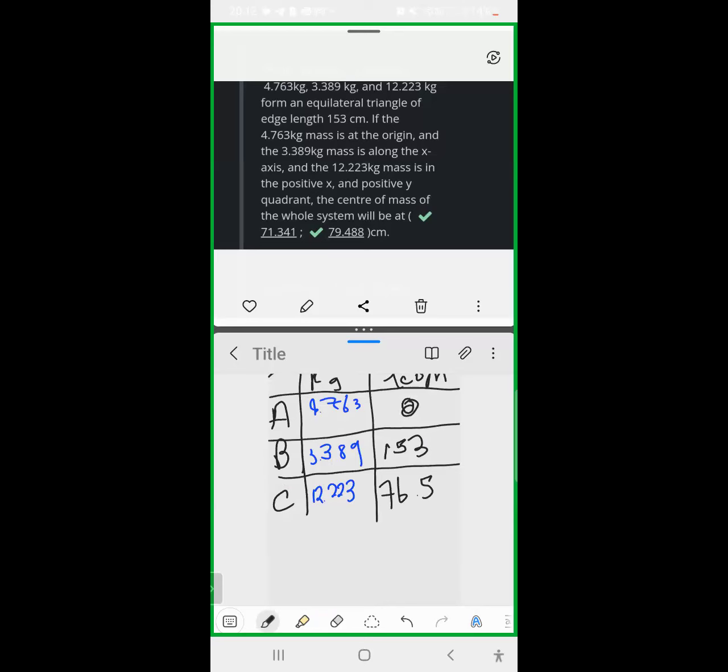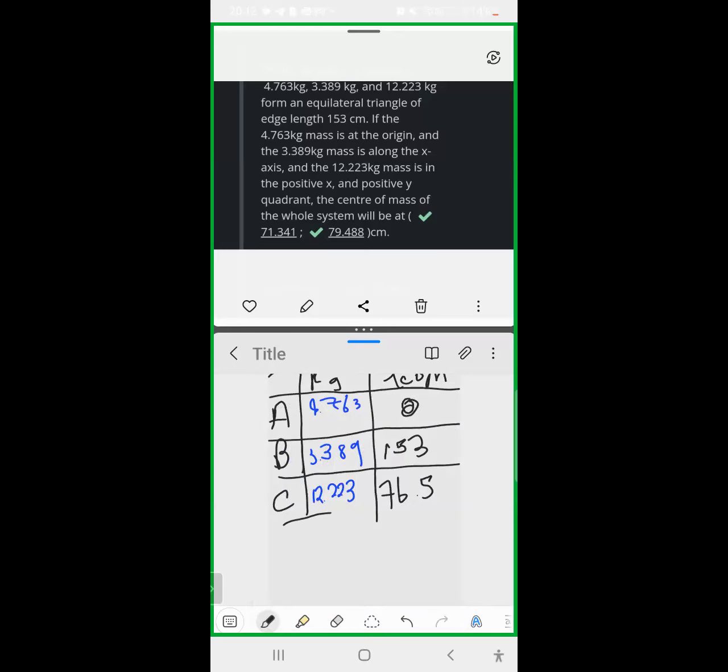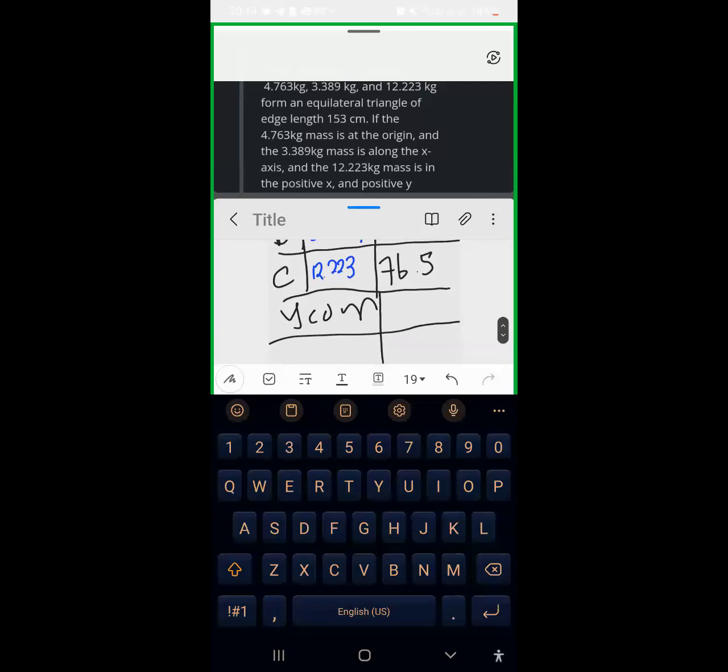Now we move on and determine the Y center of mass. I'll just do it below here because I don't have space. So I'll just make a line like this, and I will call this the Y center of mass. The Y center of mass for particle A is located at the origin.